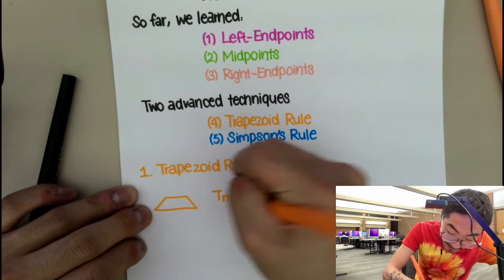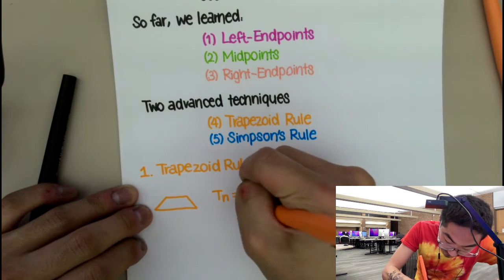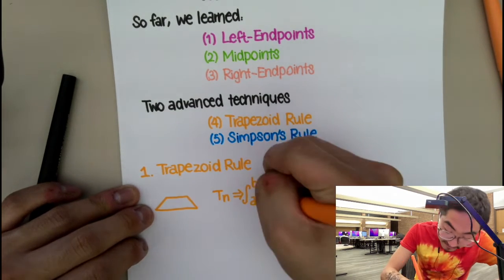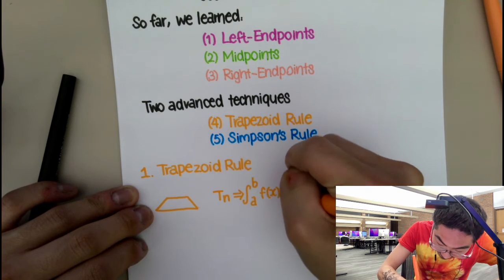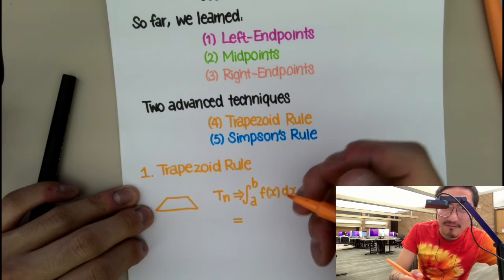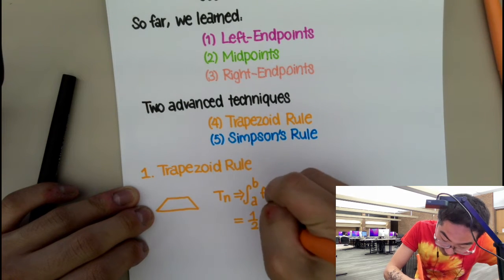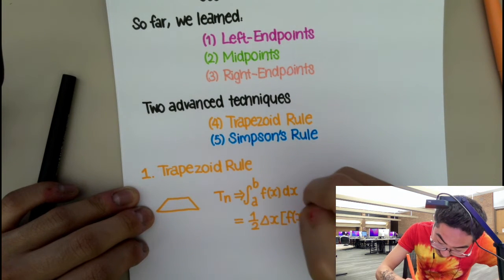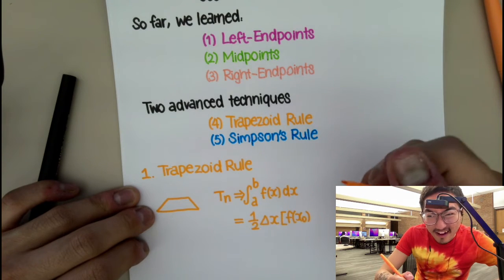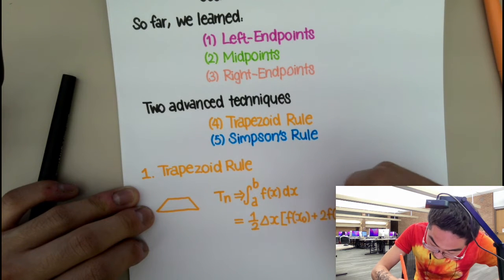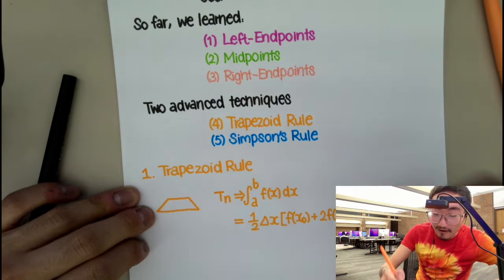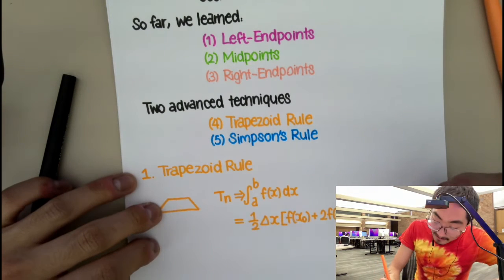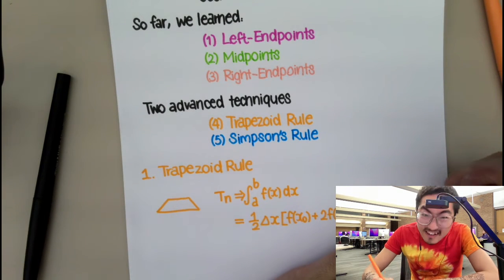So T_n from a to b, the trapezoid rule of this integral, is equal to 1/2 of delta x times f(x0), then 2 f(x1), and so on up to the last one, 2 f(x_{n-1}), plus f(x_n), the endpoint.